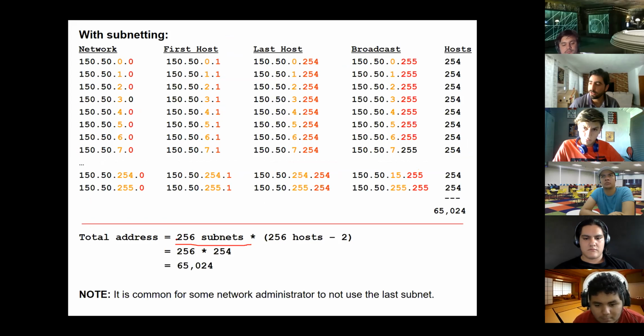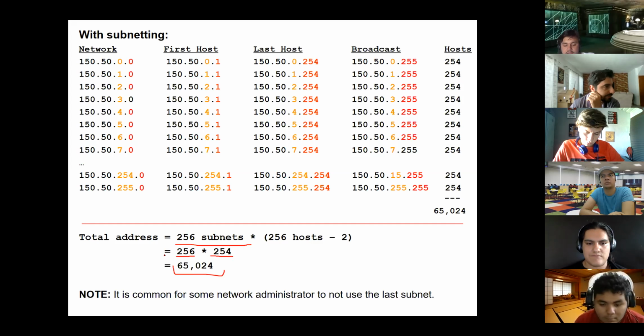To know how many IP addresses you can support in total, you multiply 256 by 254 and get 65,024. That's how many hosts in total your network can support.